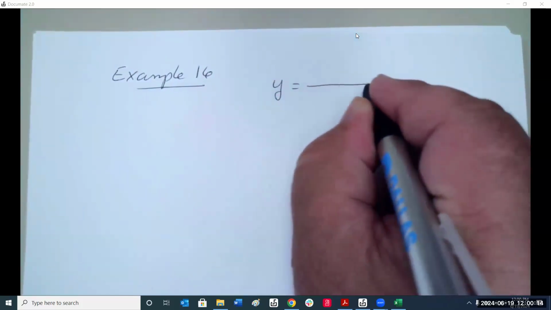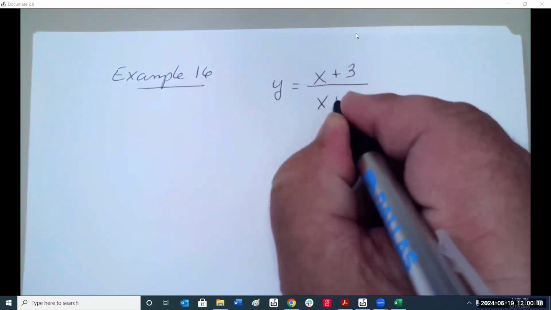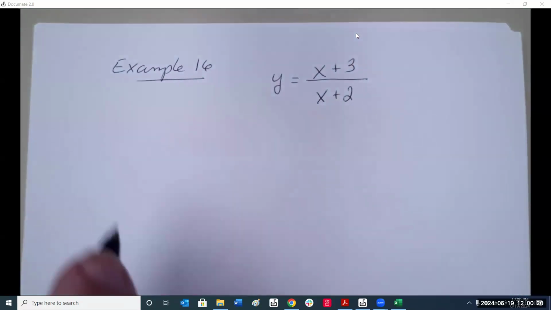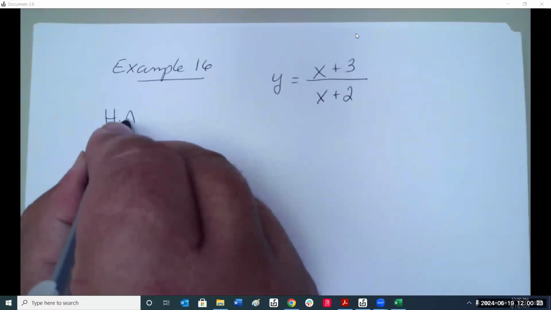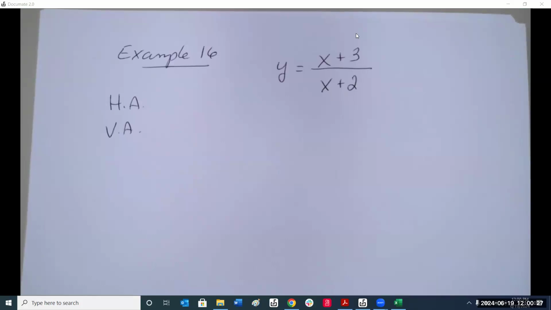So here's our function. Find the horizontal and vertical asymptotes of the curve.